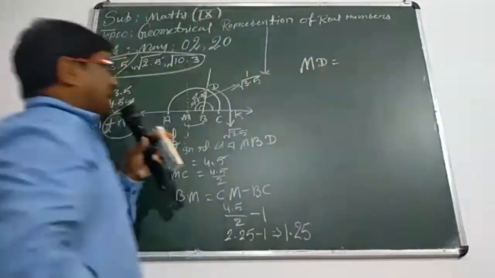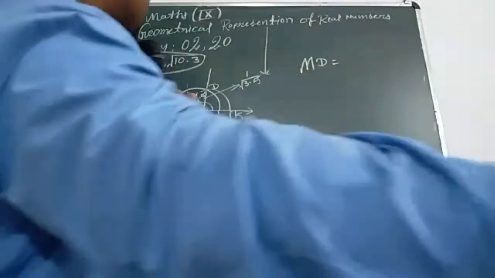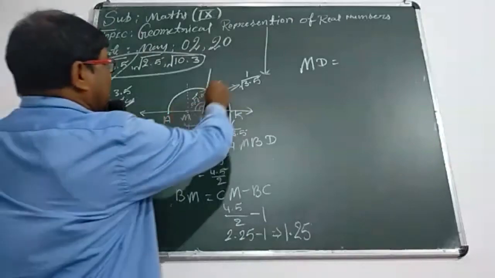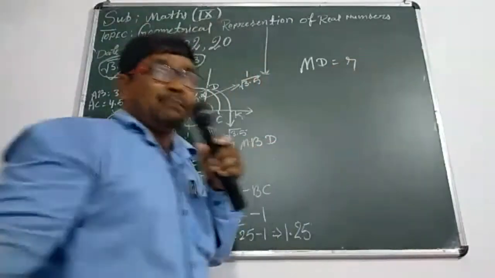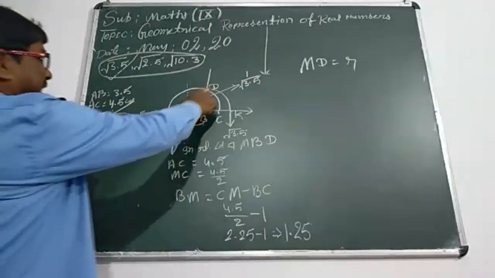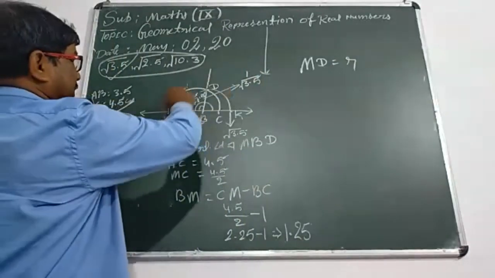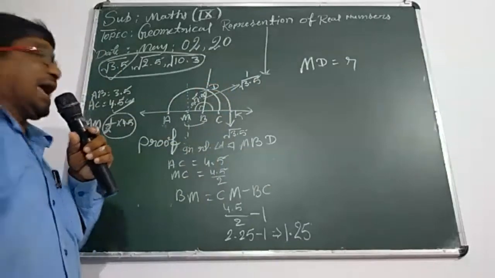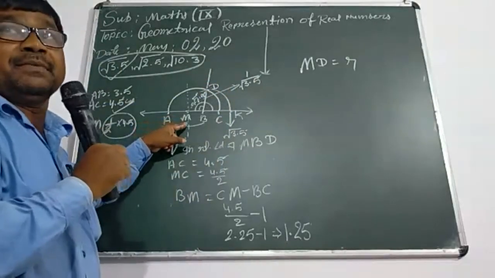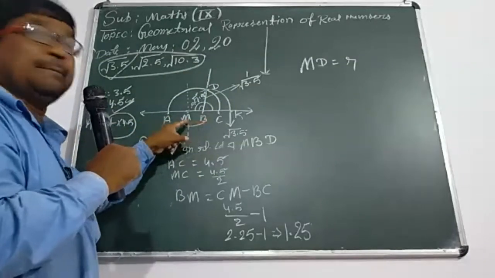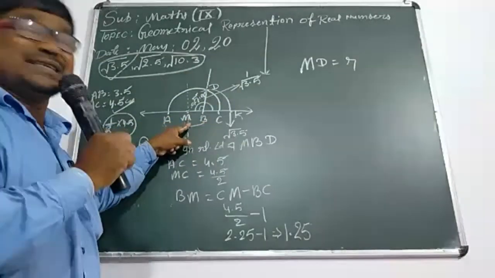Now students, can you guess about MD? Come seriously, whoever answers will not understand otherwise. Now MD. MD is the radius of this semicircle, and the semicircle is drawn by you from center M and radius MC.